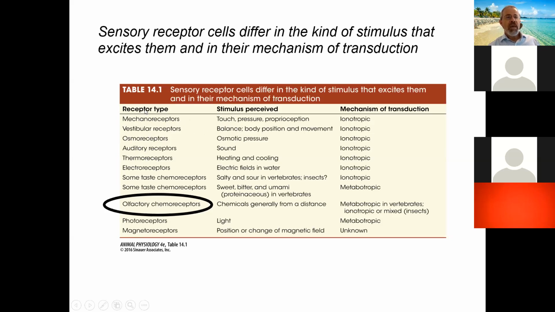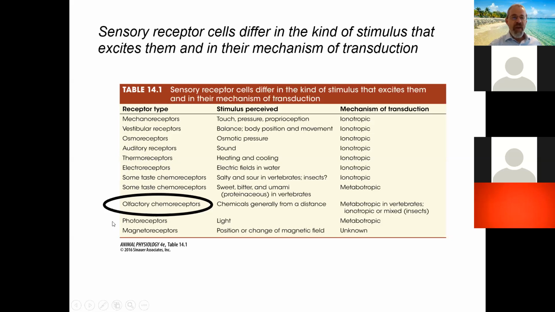For example, mechanoreceptors respond to movement, touch, pressure. Osmoreceptors respond to osmolarity of the blood. Thermoreceptors respond to hot or cold. Taste receptors, chemoreceptors, respond to, again, dissolved food material, sweet, bitter, different ones.